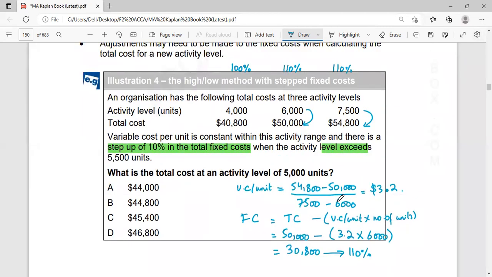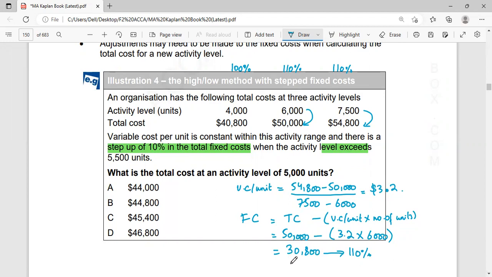Let me check: 3.2 times 6,000 is 19,200, and 50,000 minus that is 30,800. You are right. 30,800 is the right answer.